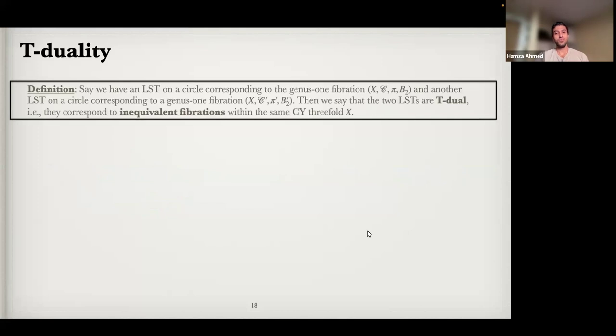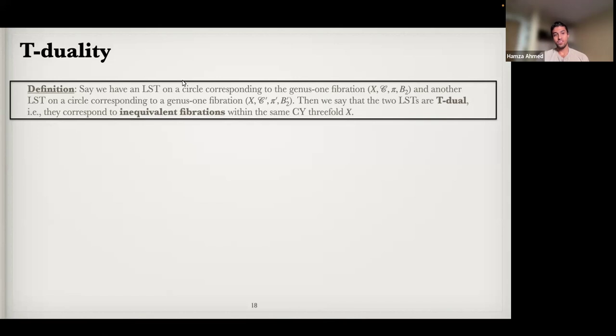Now let me state T-duality in terms of the geometry. Say I have a little string theory that I put on a circle, and the corresponding genus one fibration is given here with a pi, which defines the fibration, the base and then the fiber.